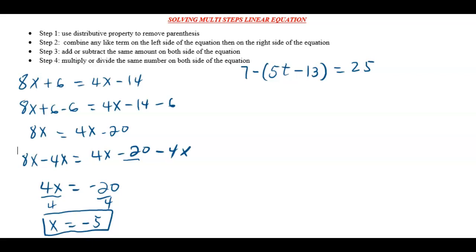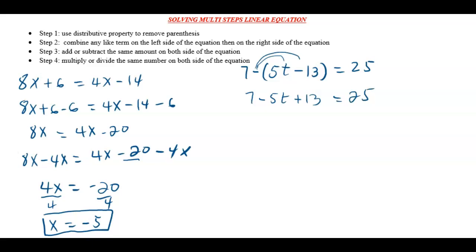So -1 times 5t, so we're going to have 7 minus 5t, and then you do -1 times -13, which makes it positive 13. Negative times negative is positive, equal 25.